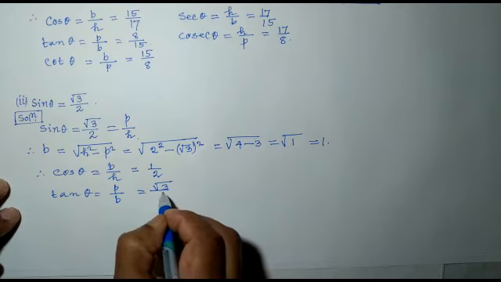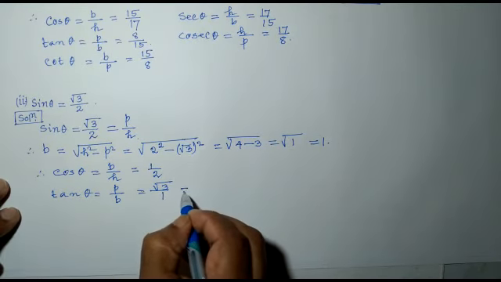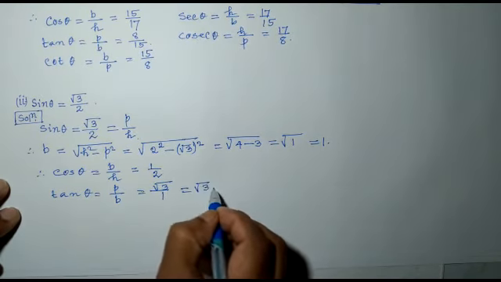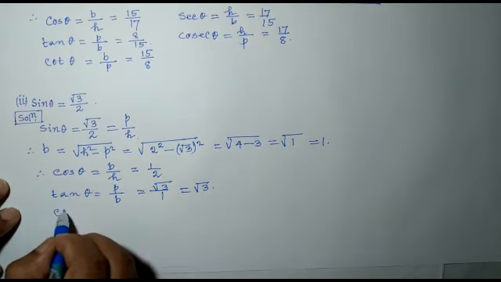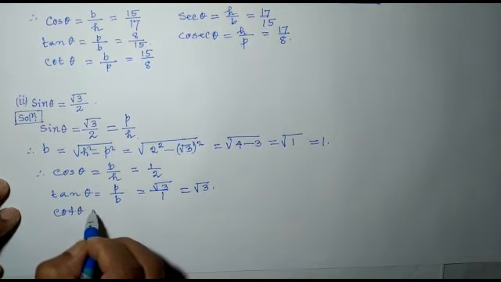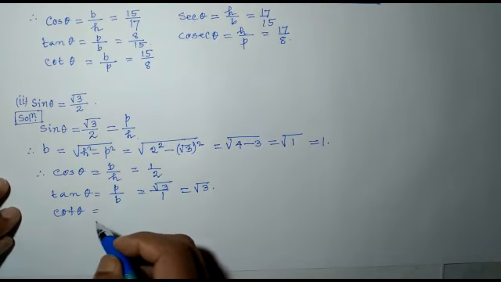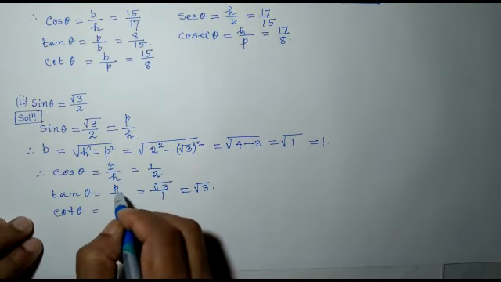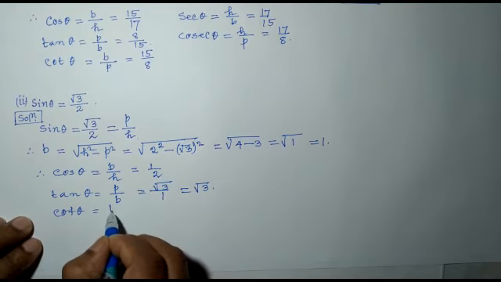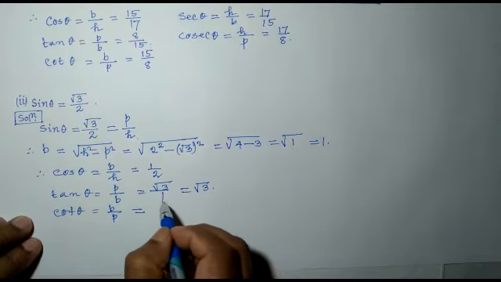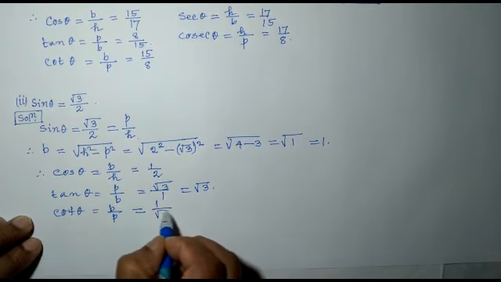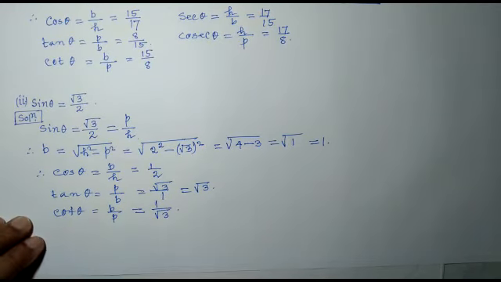Base is 1. So we can write root 3 by 1, which is equal to root 3. And then the reciprocal of tan theta is cot theta. So cot theta is the opposite of this formula. Base is up and perpendicular is down. So 1 is up, root 3 is down. So this is our cot theta.